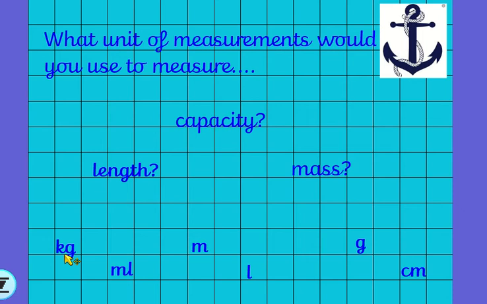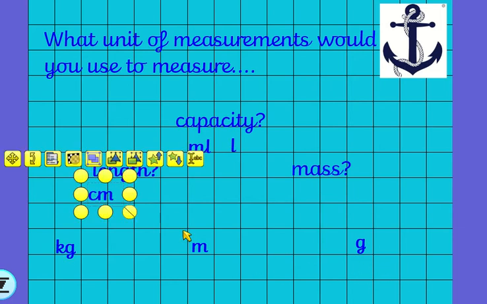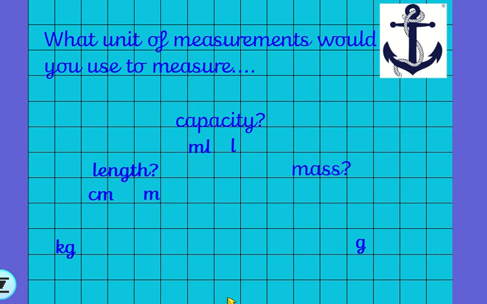Okay, welcome back, and well done if you said that capacity uses millilitres and litres, and well done if you said that length uses centimetres and metres, and that leaves us with kilograms and grams for mass.